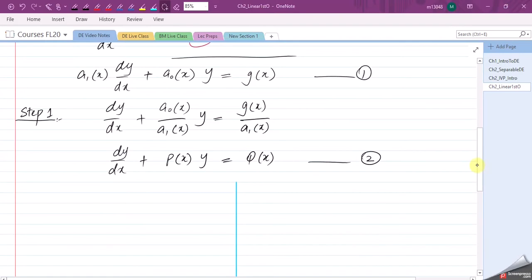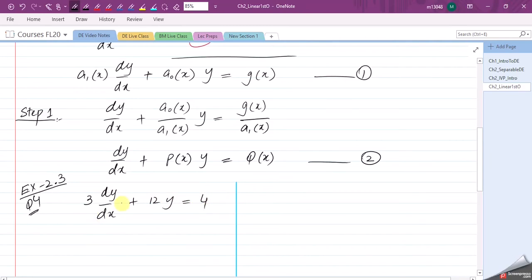Let us start with an example. The example is from exercise 2.3 of the textbook, question number 4. The question is 3 dy by dx plus 12y equals 4.